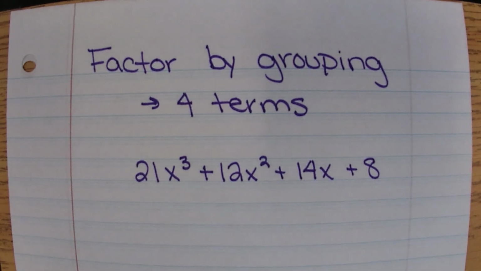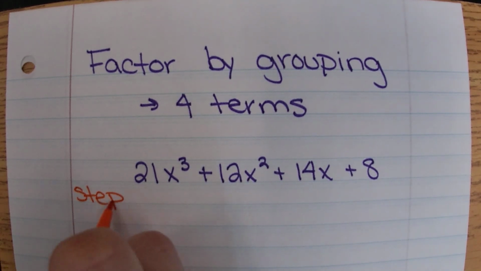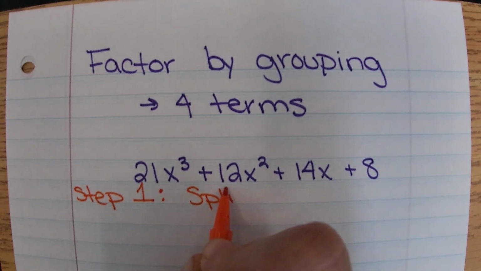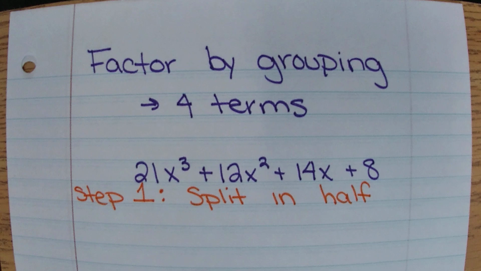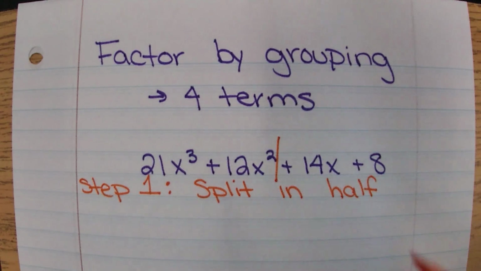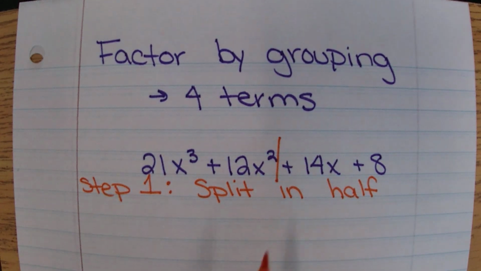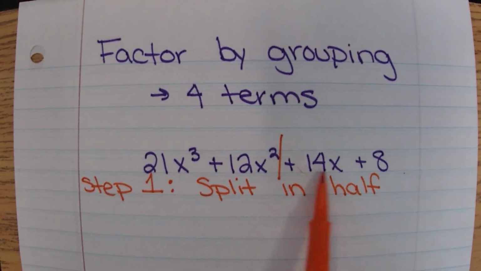When we have 4 terms and we decide to factor by grouping, our first step, okay, step 1, is that we are going to split it in half. It has 4 terms and half of 4 is 2, so we're going to chop this in half into 2 terms on the left and 2 terms on the right. Now we want to make sure when we split it in half, we're keeping this addition sign with the number, right?